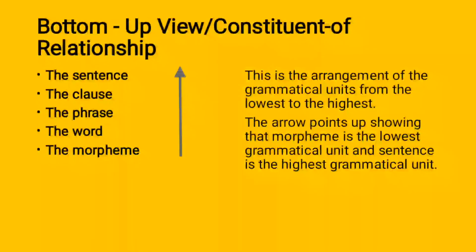We have the bottom-up view, that's the constituent-of relationship. This is the arrangement of the grammatical units from the lowest to the highest. The arrow points up, showing that the morpheme is the lowest grammatical unit and the sentence is the highest grammatical unit.